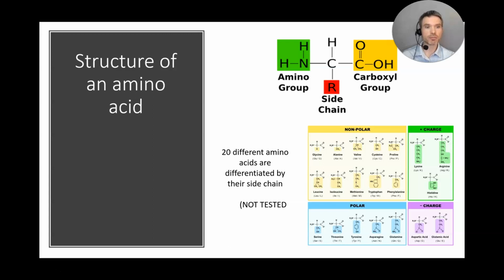Some are nonpolar, some are polar, some are charged positively, and some are charged negatively. Now, just remember, you're not going to be tested on these 20 different amino acids. All you need to know is that each amino acid has a different side chain, and that provides the biochemical properties of that particular amino acid when they are used to build proteins.